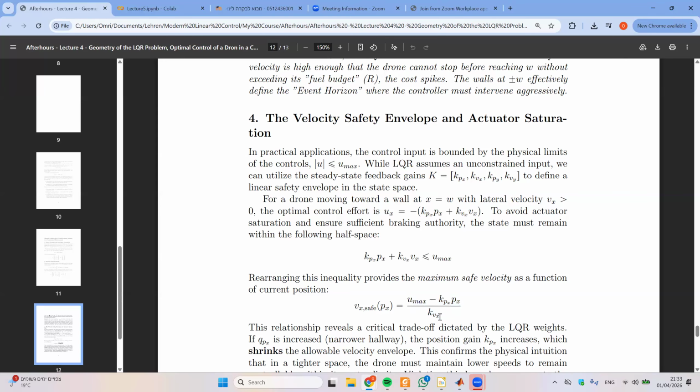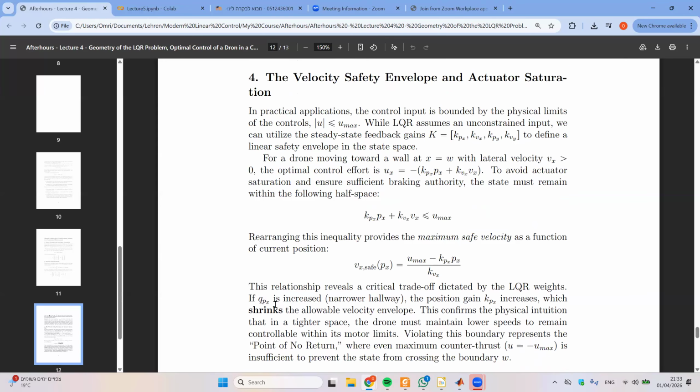Now, note that if we increase the penalty for the position in the x direction, that is, if we make the hallway narrower, we also increase this weight. And if we increase this weight, then clearly the maximum safe velocity also decreases. So if we make the hallway narrower, the safe velocity in the x direction goes down, and it makes sense.